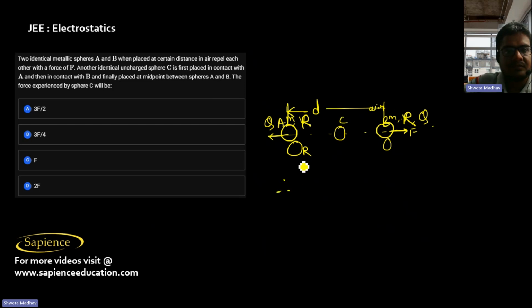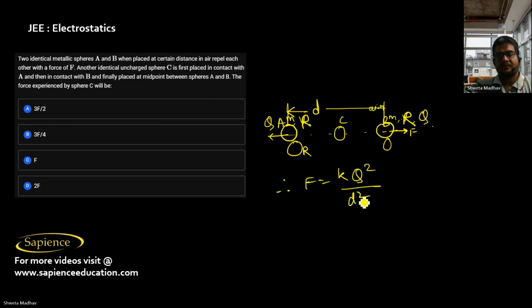Therefore they will repel each other with a force F. So F will be equal to K Q1 Q2, meaning KQ square by D square. So this is the force F, which is Q square by 4 pi epsilon naught into D square.